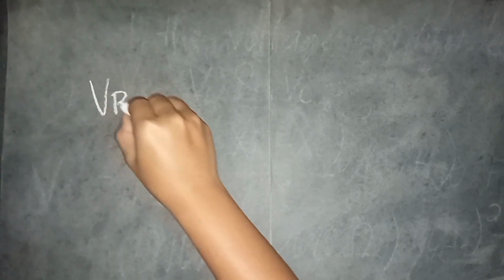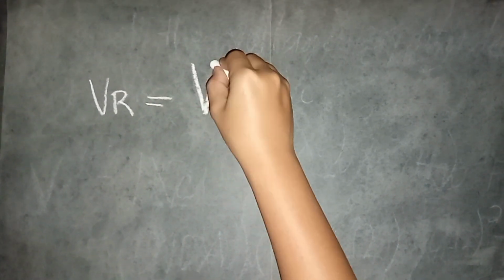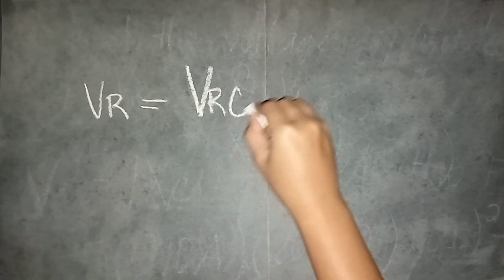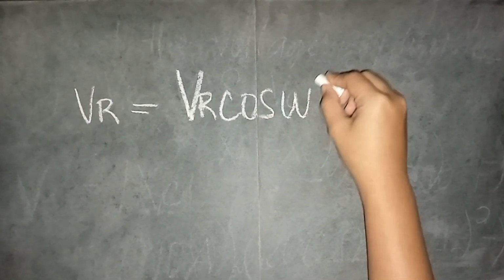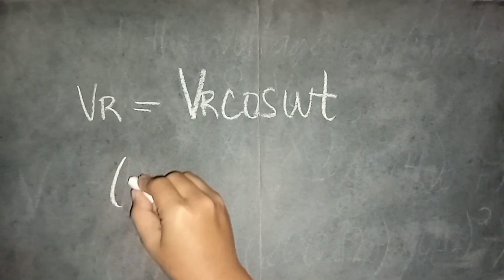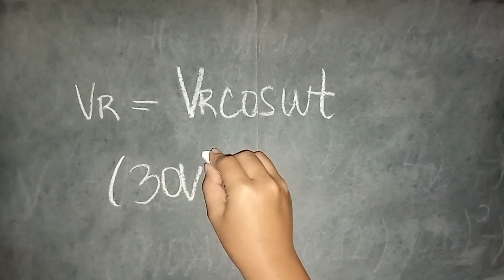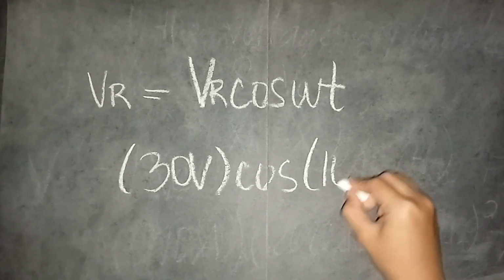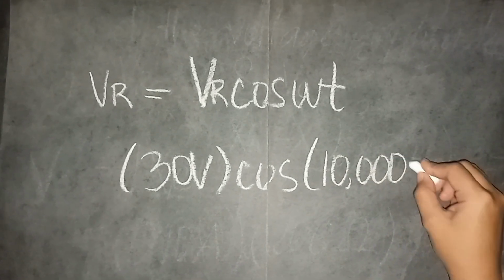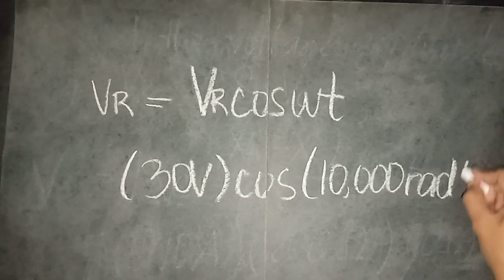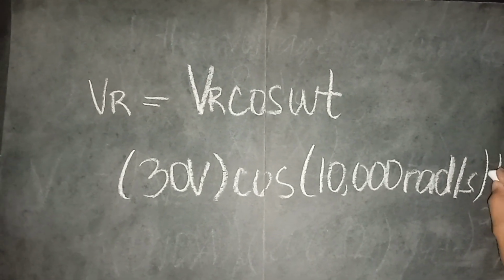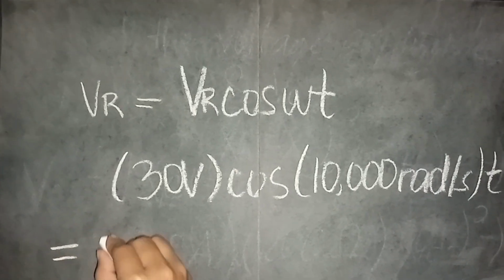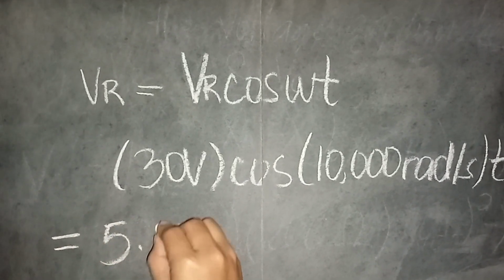Remember, your resistor voltage is in phase. So we must use this formula: 30 volts cos 10,000 rad per second times time is equal to 5.21 volts.